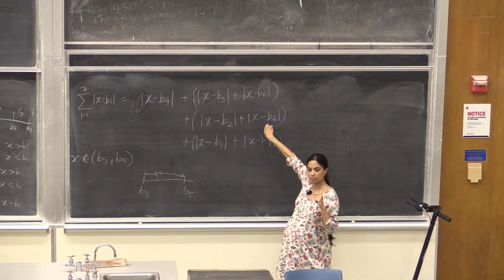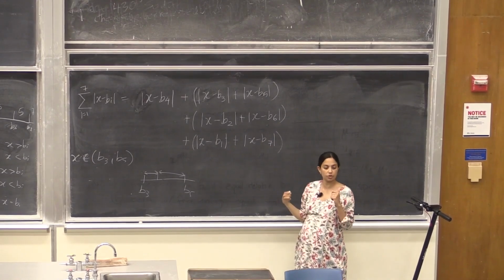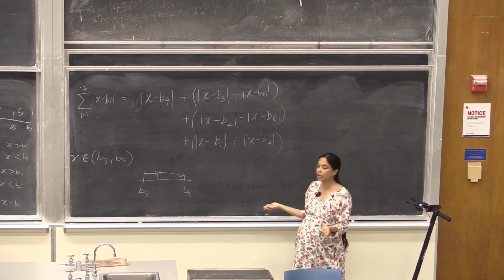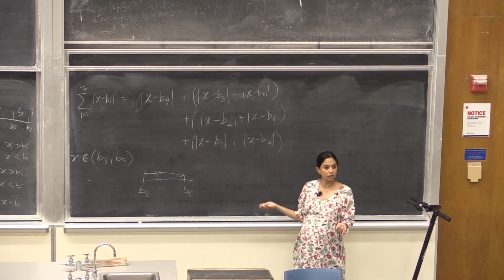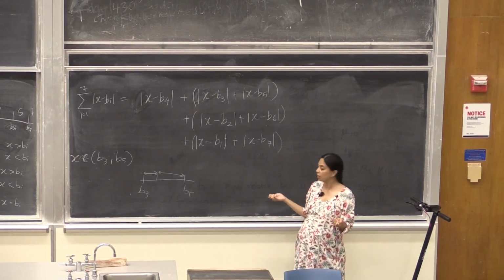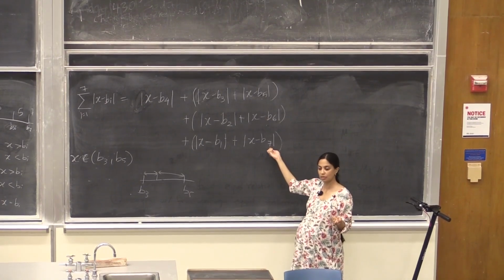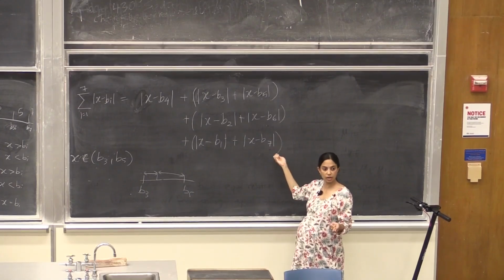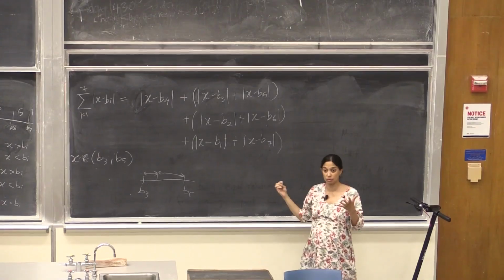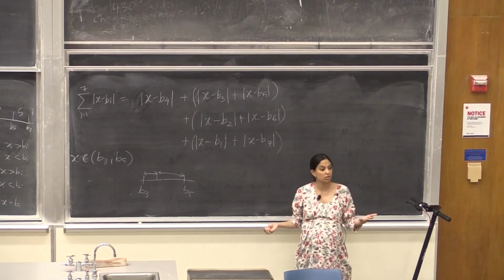What about this term? It's always going to be b6 minus b2, no matter what I do. What about this term? Always constant, right? So can I ever affect the values of any of these terms by my choice of x?